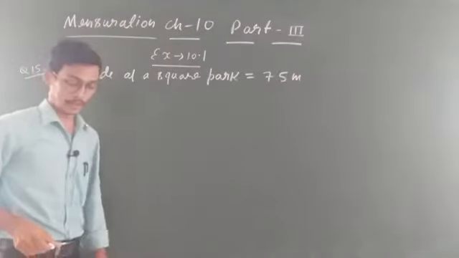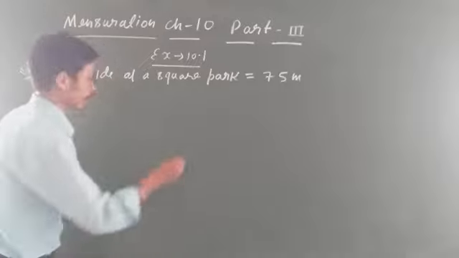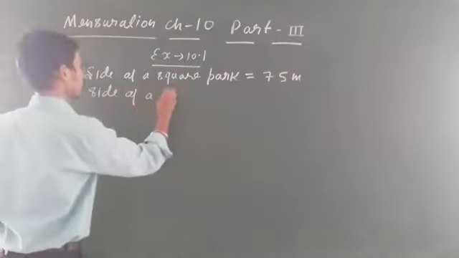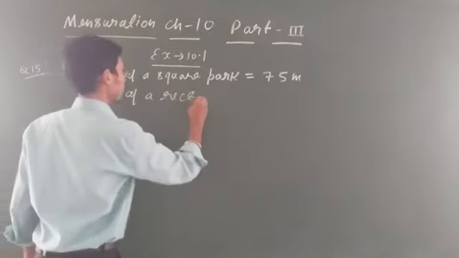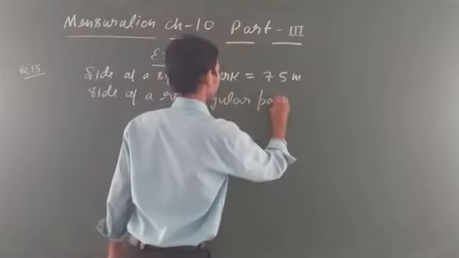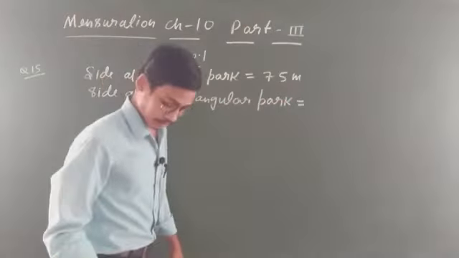Clear, student? Now next, Bulbul runs around a rectangular path. The side of a rectangular path, I mean the length of the rectangular path, is equal to 60 meter.